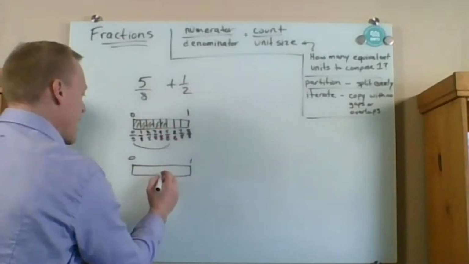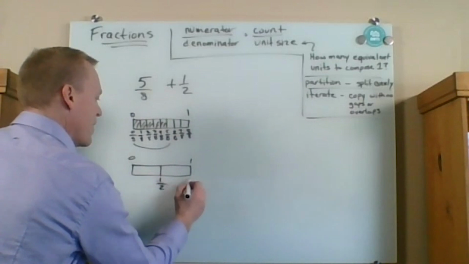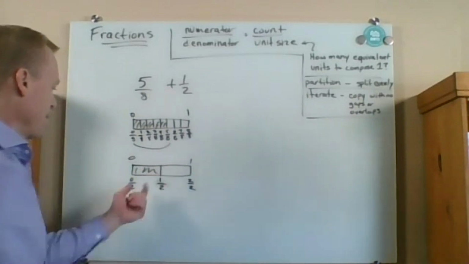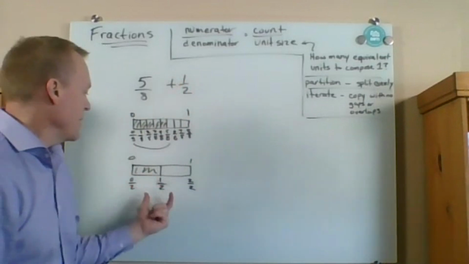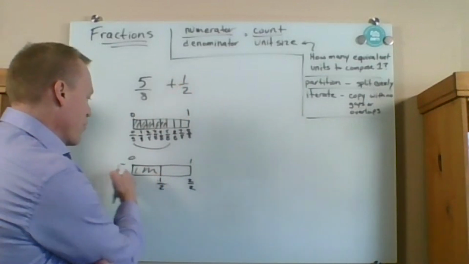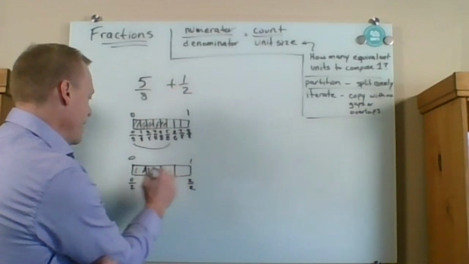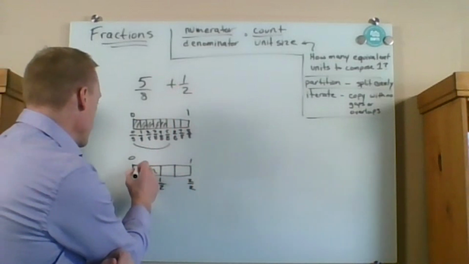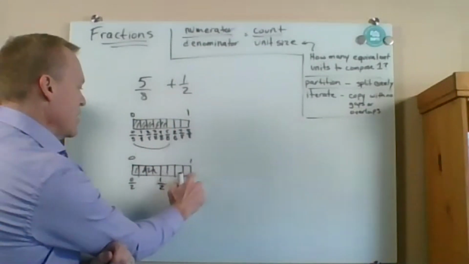The half tells me I have 2 halves to get there. I have a count of 1 of those halves, but now I need to create this into eighths. So I'm going to partition each of these in half. That gives me 4 units to 1, so that'd be fourths. I'm going to do it again, half, half, half, half, and that gives me 8 units.